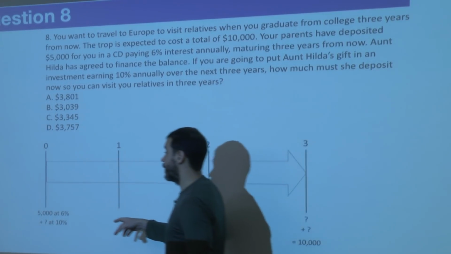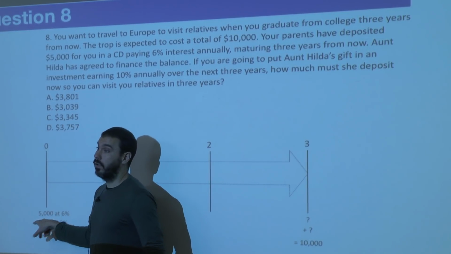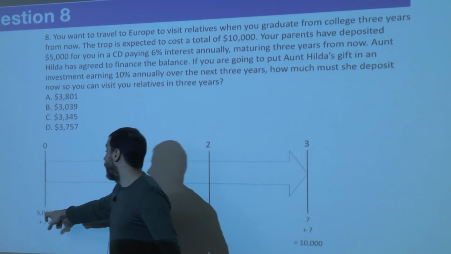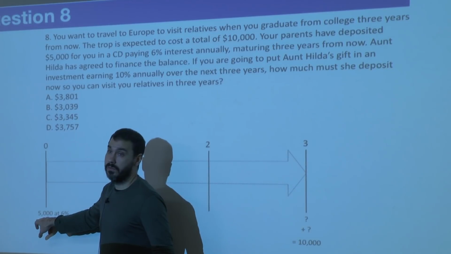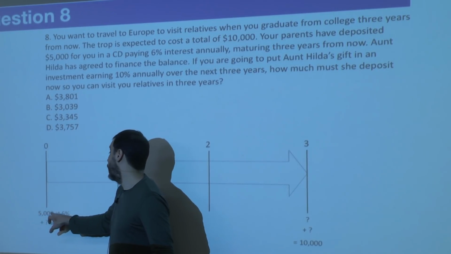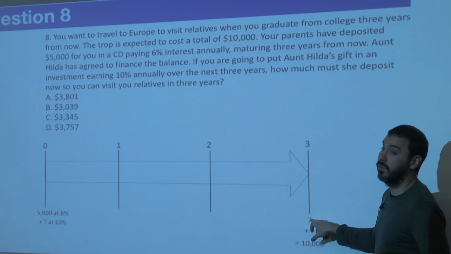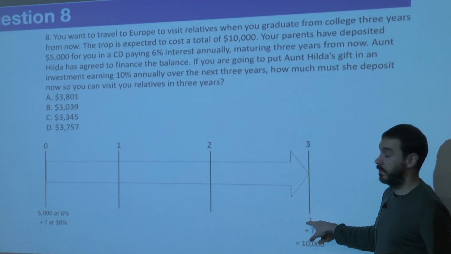One of the two sources has already a present value that you're told. Your parents give you $5,000. You can put it down at 6%. There are no variables here. There are no unknowns. It's $5,000 present value. 6% is the interest rate. 3 years, you can compute future value. Everything is known about this portion.